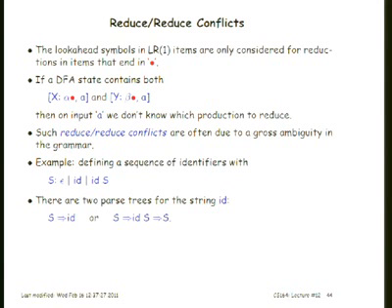Now, these reduce-reduce conflicts generally mean that you've done something naughty. Well, there are exceptions. In fact, there are exceptions in the current homework, in the current project. But usually it means that something bad has happened with your grammar. You can't fix this with precedence rules.